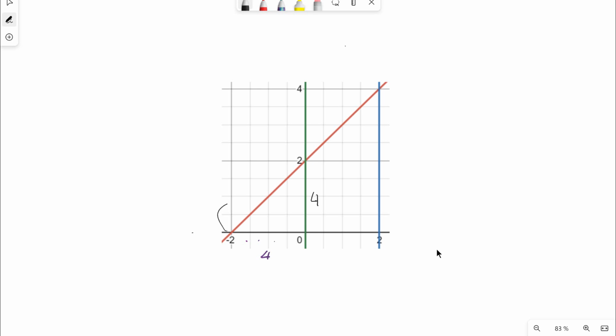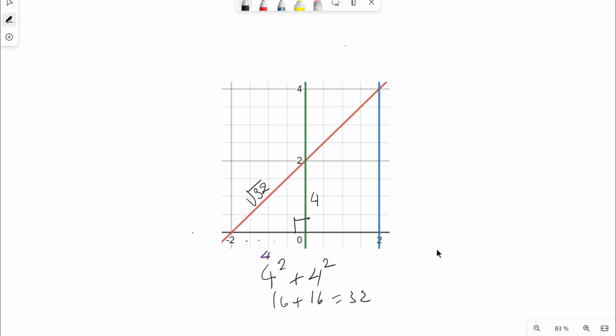This length over here follows the Pythagorean Theorem, and it is the square root of the sum of the squares of the sides of the right triangle, which is going to give you 32. But you have to take the square root. This is the square root of 32.